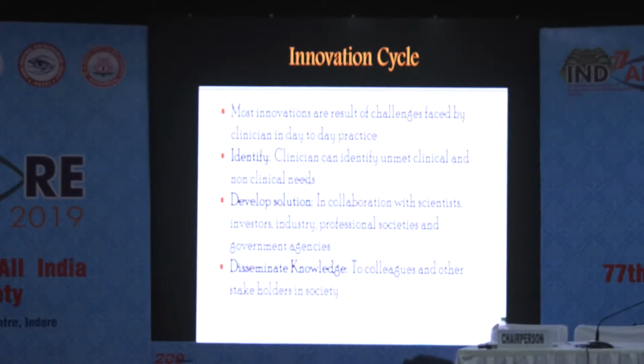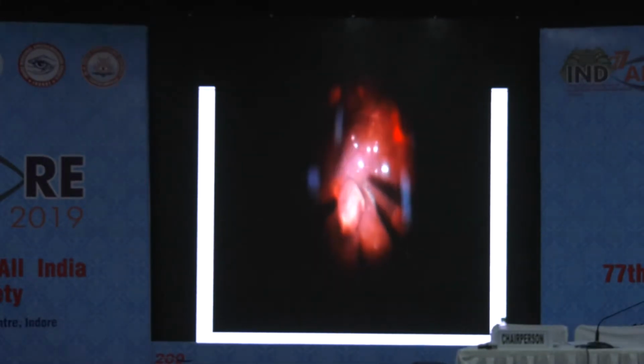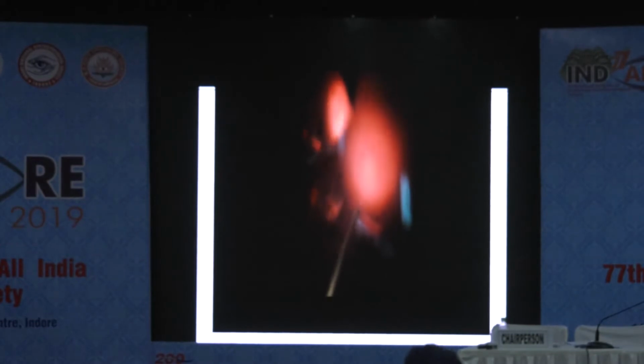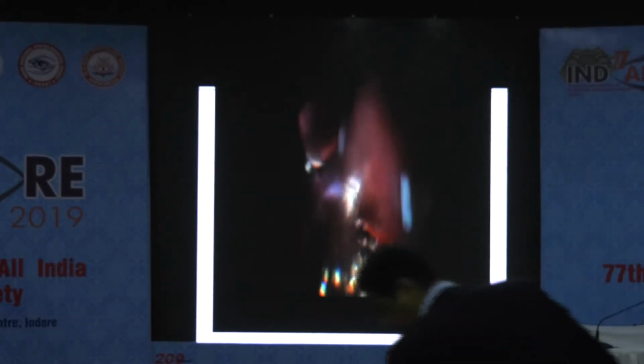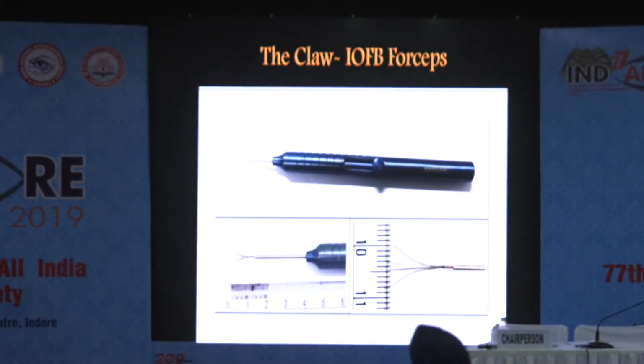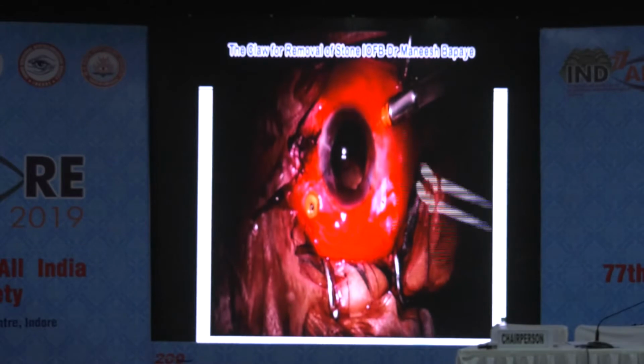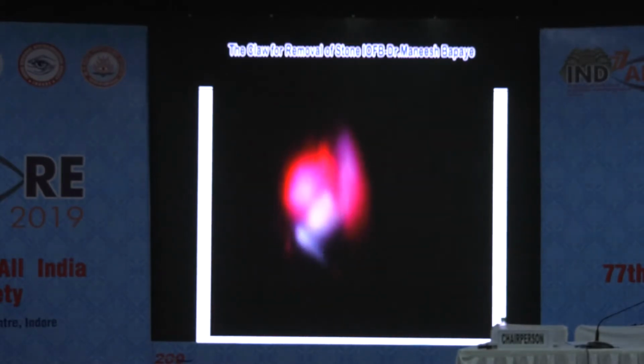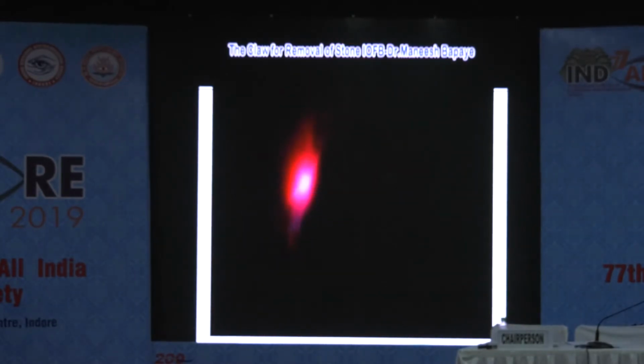This is the story of one of my innovation cycles. This was a large non-metallic foreign body on the retina, which I could not remove. Then I developed this forceps, which could remove large non-metallic and non-magnetic foreign bodies, which ultimately helped me remove a really large stone from a patient with trauma.